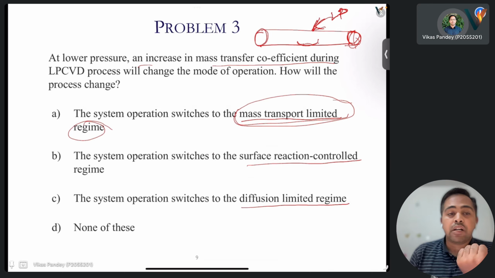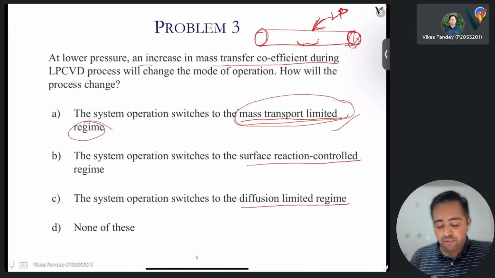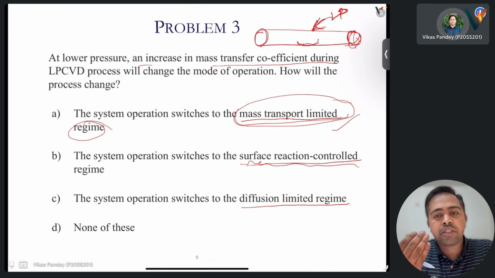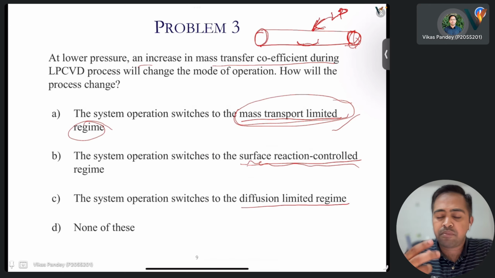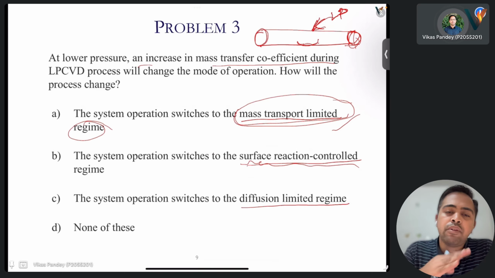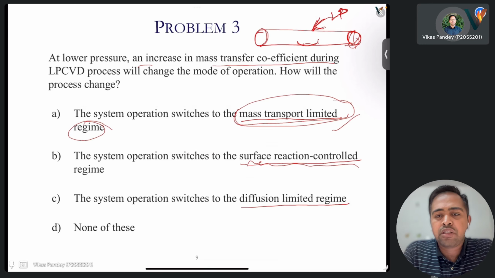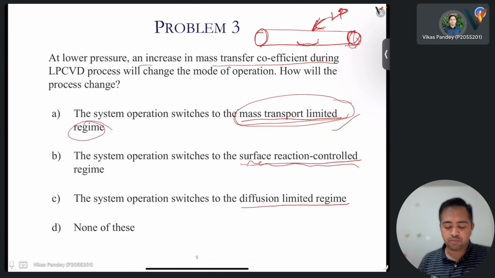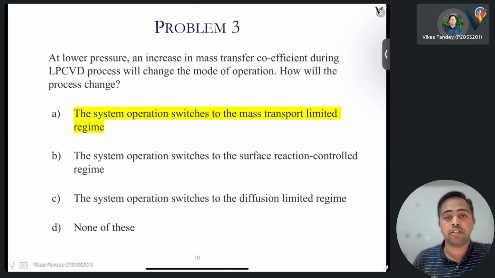That is why it will be a mass transport limited region. Whereas surface reaction is already happening and there is no extra mass there, so it will be fine. Surface reaction will go at its normal pace, and diffusion will also occur fine. But the problem here will be how much mass is transported there, and that is why this reaction will switch to mass transport limited regime.